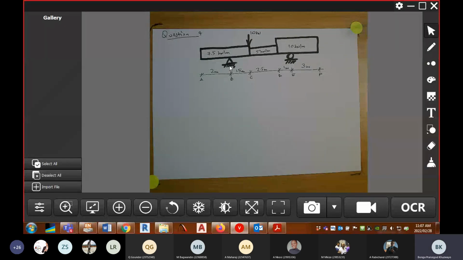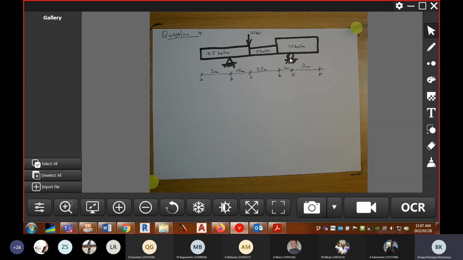To calculate the support reaction at node B, the vertical reaction at node B, I'm going to apply the second condition of equilibrium. We said the second condition of equilibrium is sum of the moments equals 0.